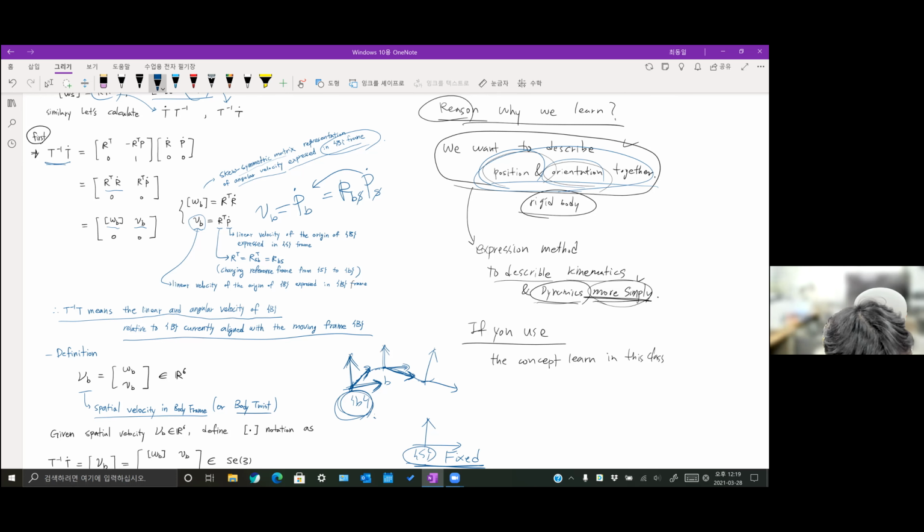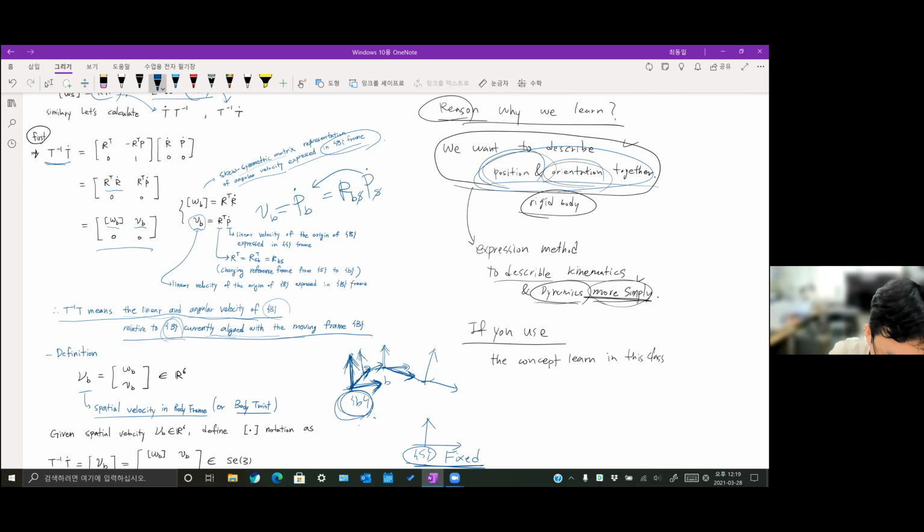So this equation means this one. The linear and angular velocity of B frame relative to B frame itself, but B frame which is currently aligned with the moving frame B. So at some instant moment, there is reference frame B, and we can calculate the linear and angular velocity of B. And after some time, we also take the B frame as a reference frame, and we can calculate this one.